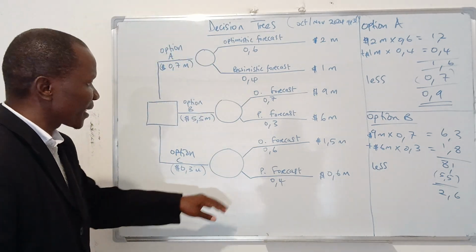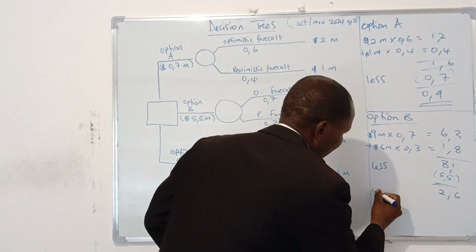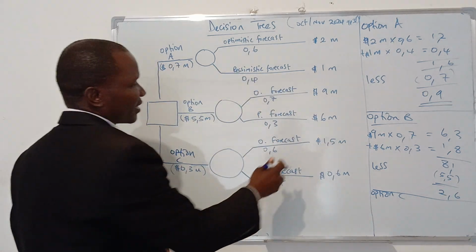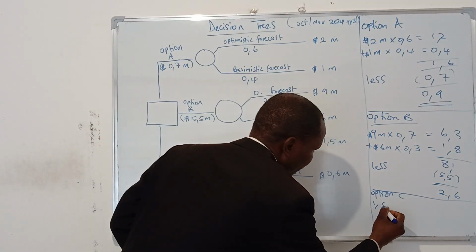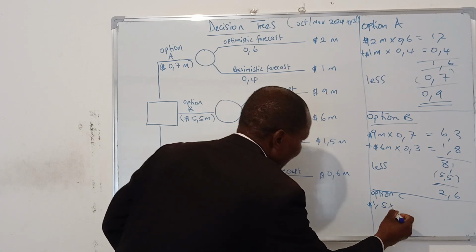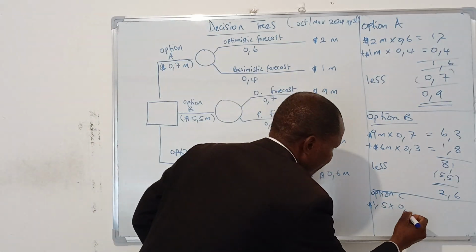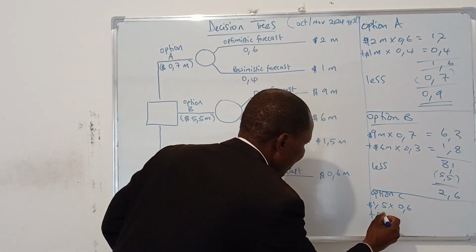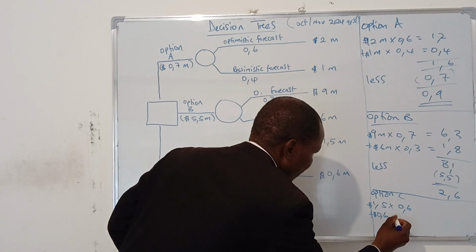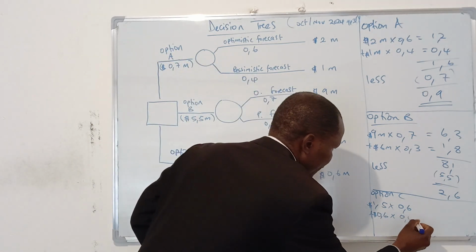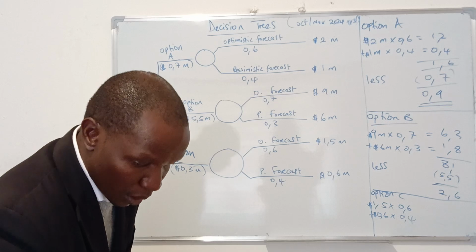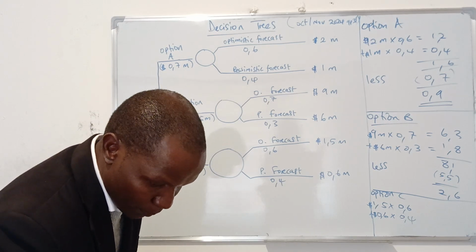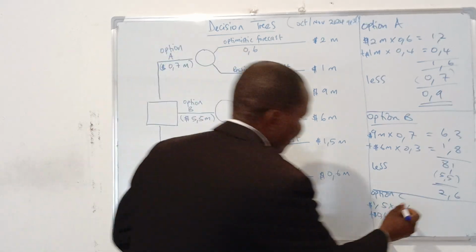Then if you go to option C, option C is simply 1.5 million times 0.6 plus 0.6 million times 0.4. If you calculate there, 1.5 times 0.6 gives you 0.9.